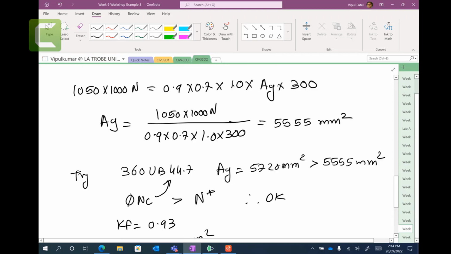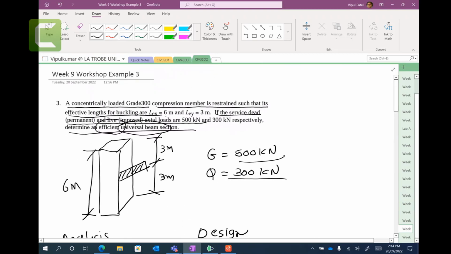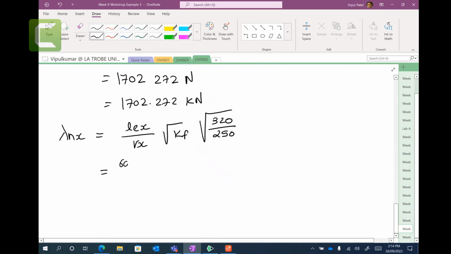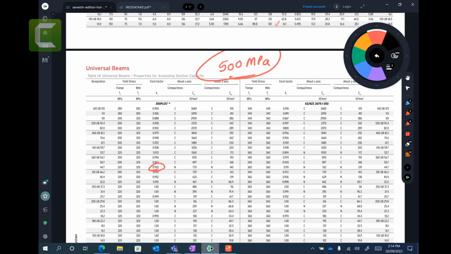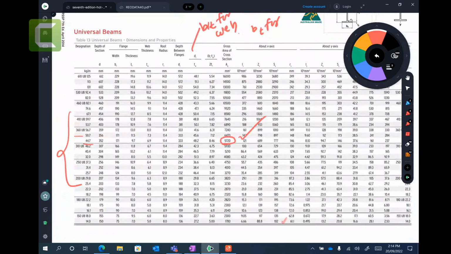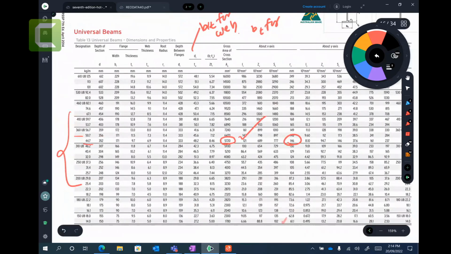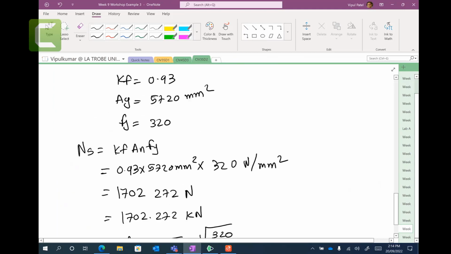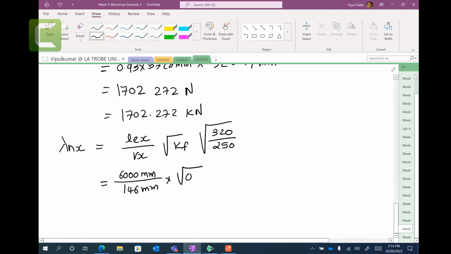So length in the x direction is 6 meters, so 6000 millimeters. rx 146 millimeters. kf 0.93. 320 on 250.